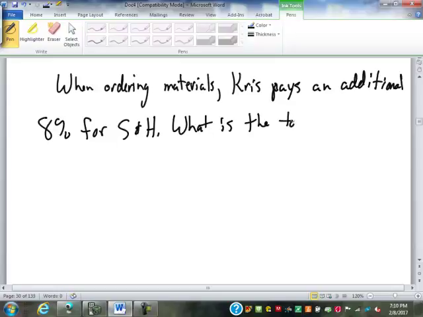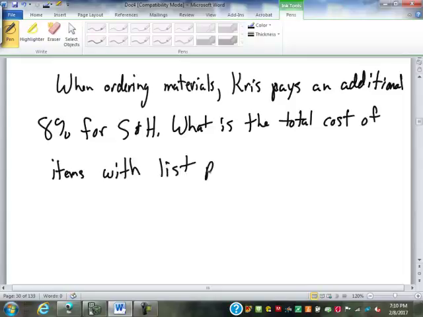What is the total cost of items with list price of $790?